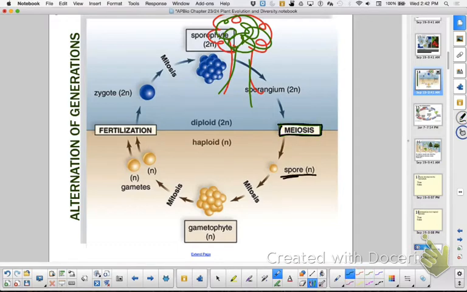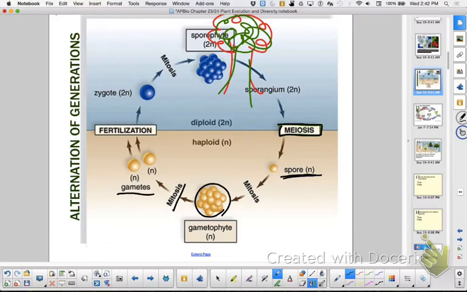Spores, okay? Those spores will undergo mitosis to form into a gametophyte. A gametophyte could be very, very small, maybe even microscopic, or it could be a large algae in the ocean. But this gametophyte will do mitosis to make gametes.